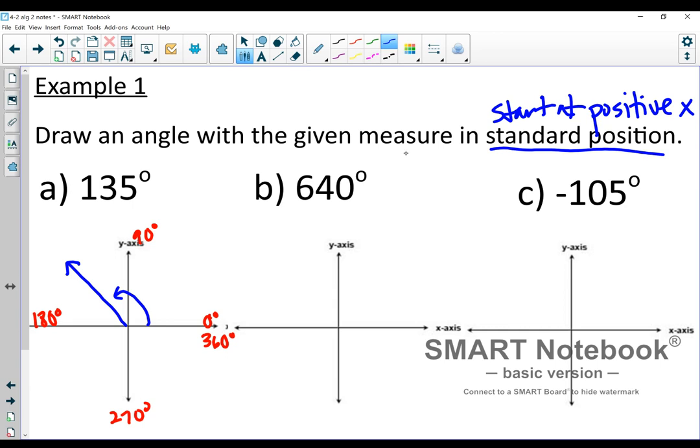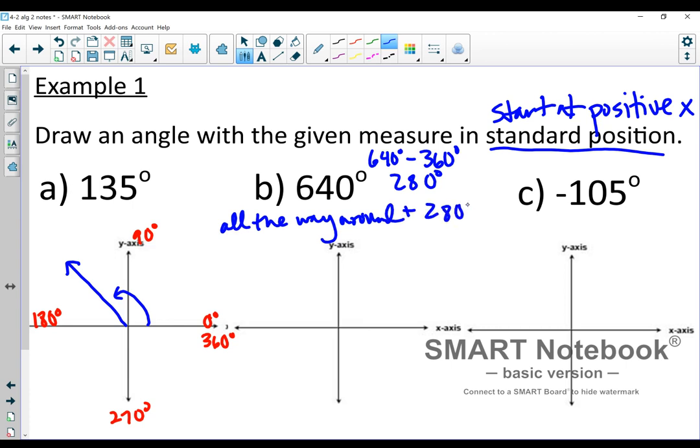So I need to do 640 minus 360 to figure out exactly what's going on there, and I get 280 degrees. So that means that it's 360 plus 280, so it's all the way around, plus another 280 degrees, right?